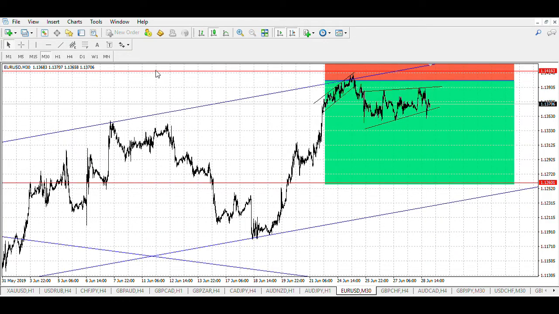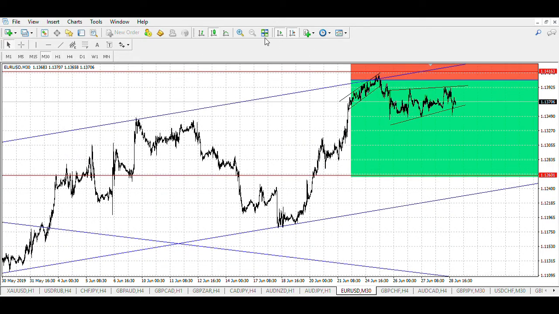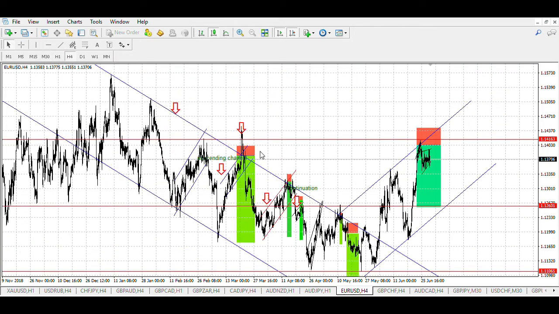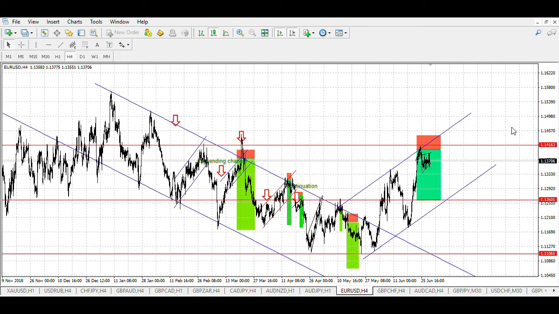EURUSD, price didn't really move as fast as I thought. I'm seeing a little bit of different sentiments on this pair. So you should try to look at it like this. This is more like a left shoulder, and we have a head, then right shoulder.